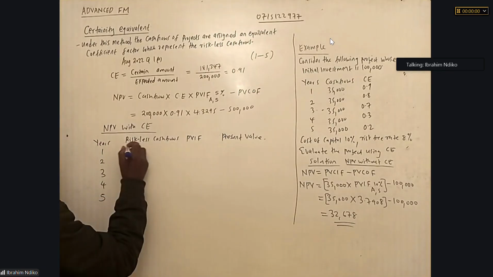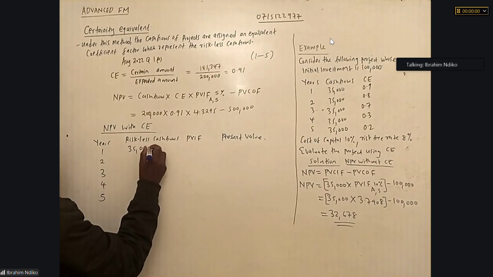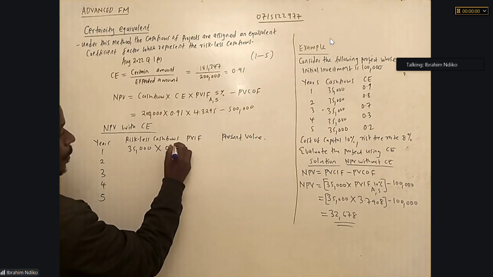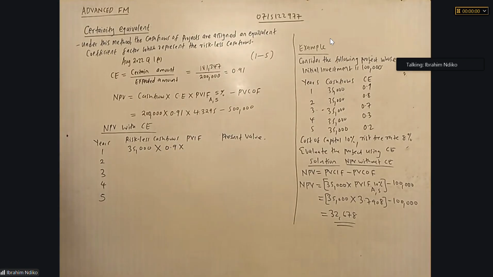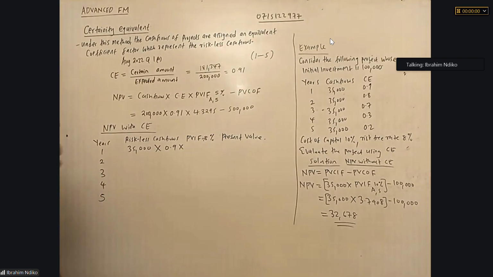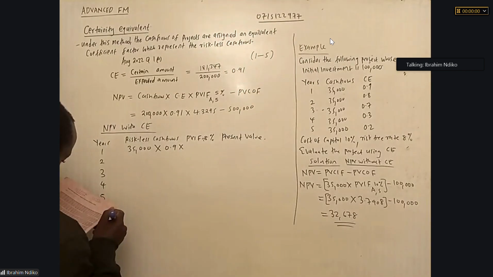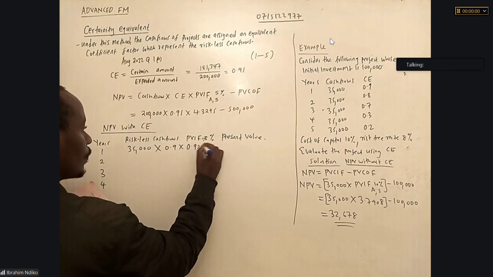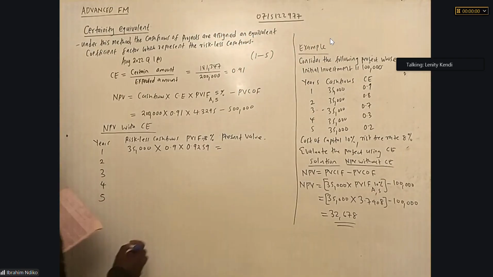Then the first one, that 5,000. We multiply with our certainty equivalent here 0.9, and then we multiply with our present value interest factor. We assumed 8%. Is that correct? No, it's 8%. Yes. We use the upper table. So 8%, 0.9259.